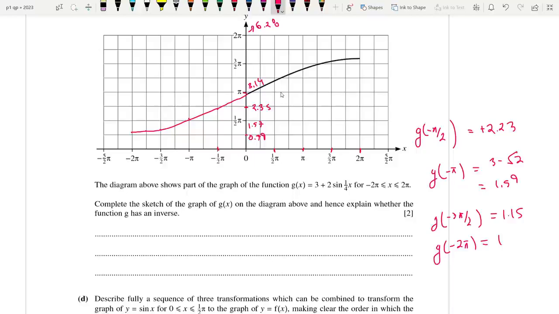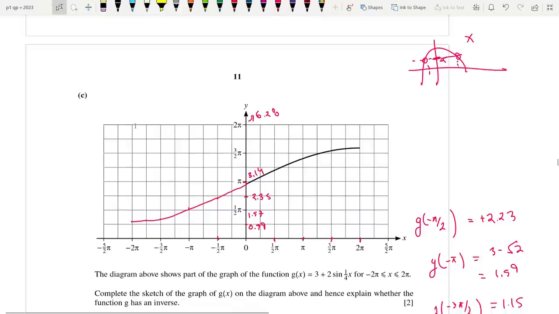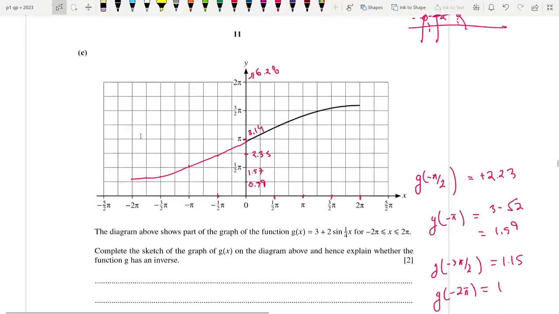So basically, this function does have an inverse because no value repeats. You can't have an inverse if your value of y occurs at two values of x, but here every value of y is unique. It only occurs once for each value of x. So we say that yes, it does have an inverse.